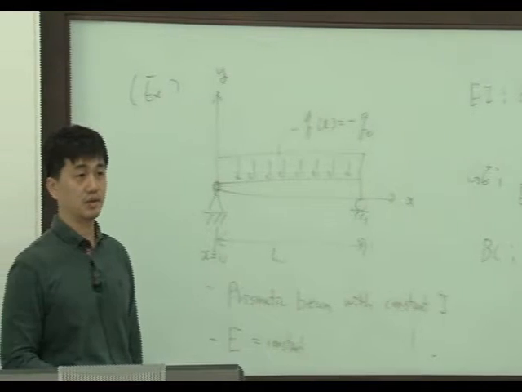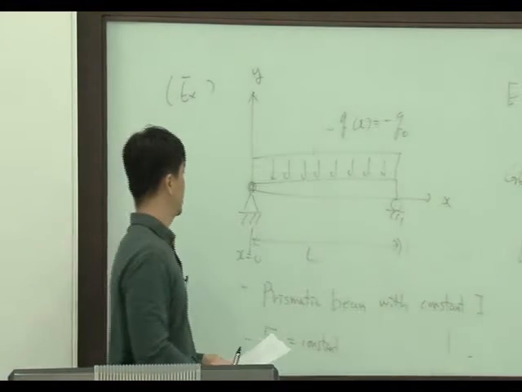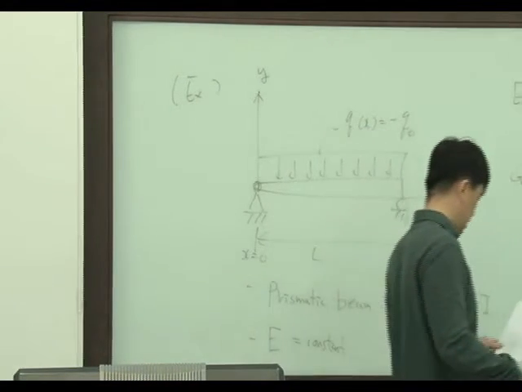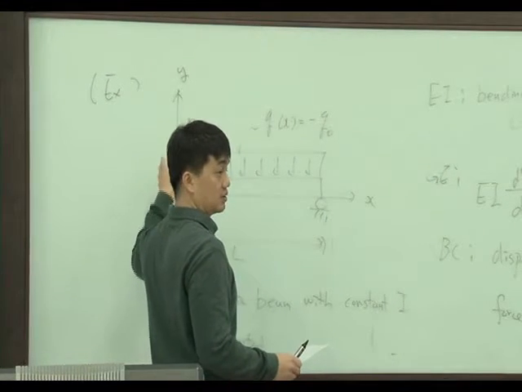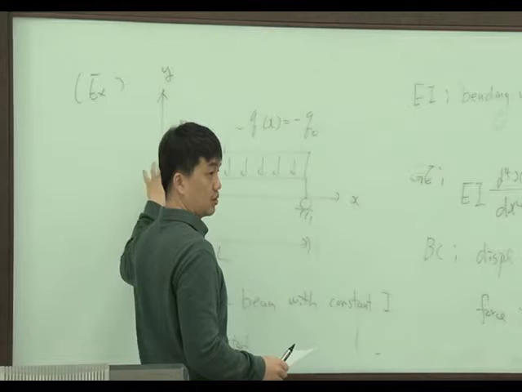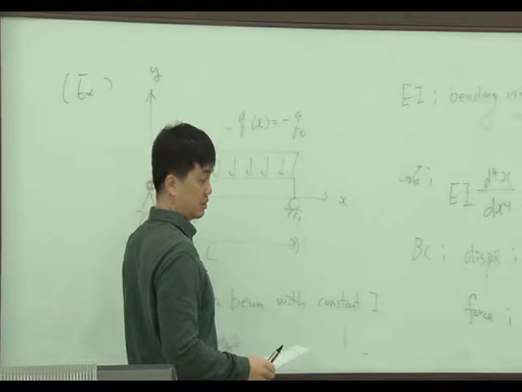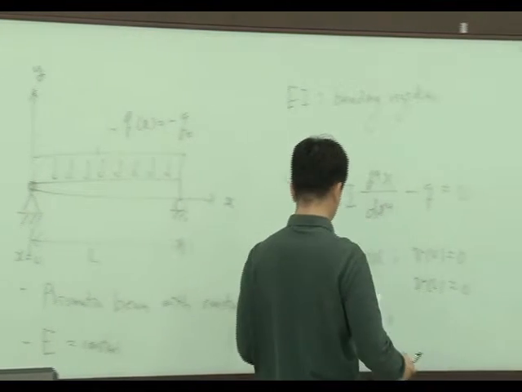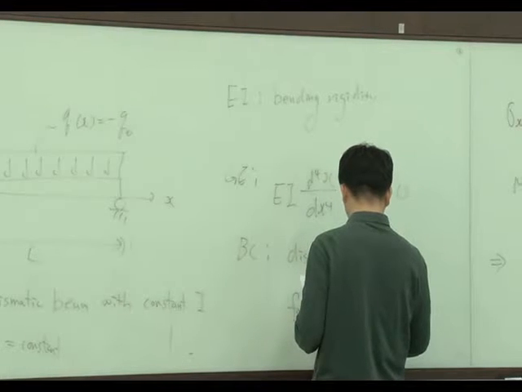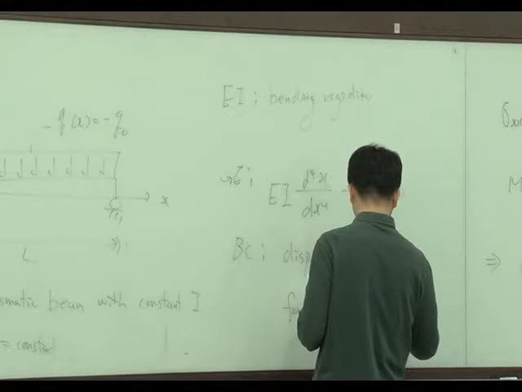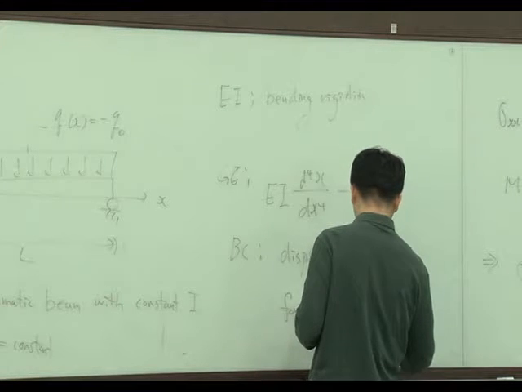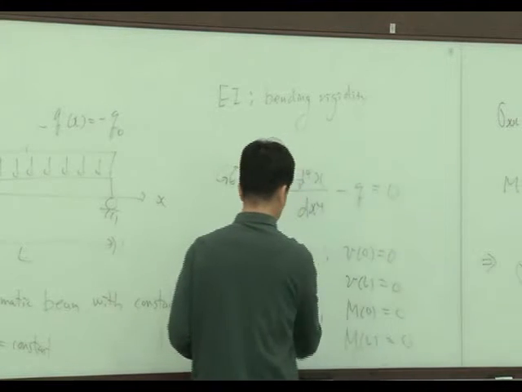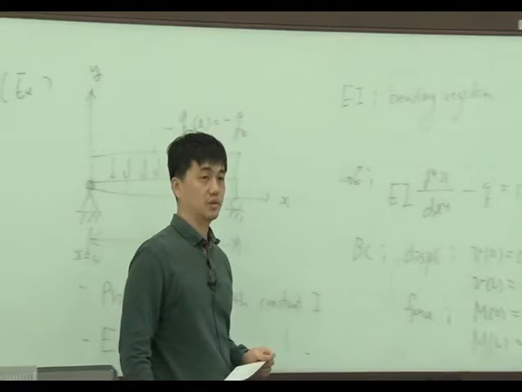Moment is not applied, right? Actually, because the rotation is allowed, the moment is 0. M(0) equals 0, and similarly, M at x equals L is 0. So we can have four boundary conditions.